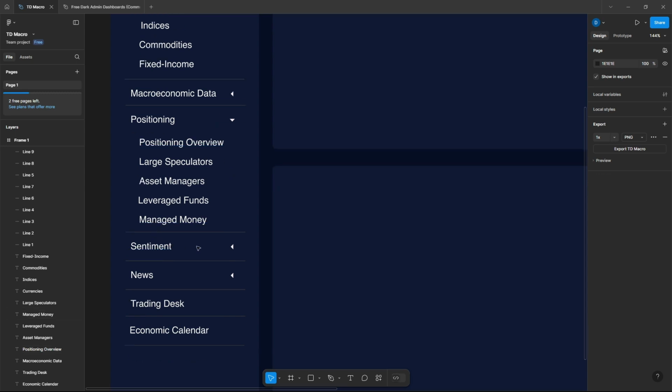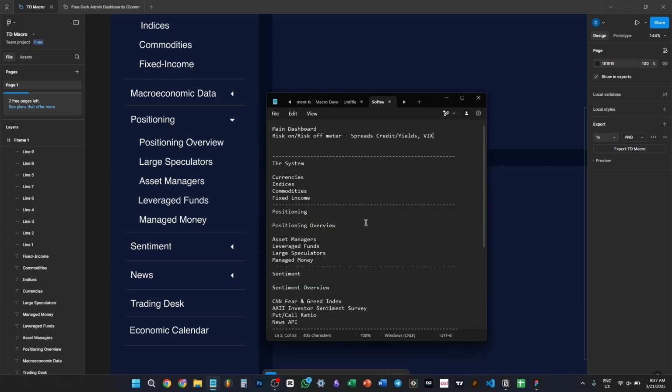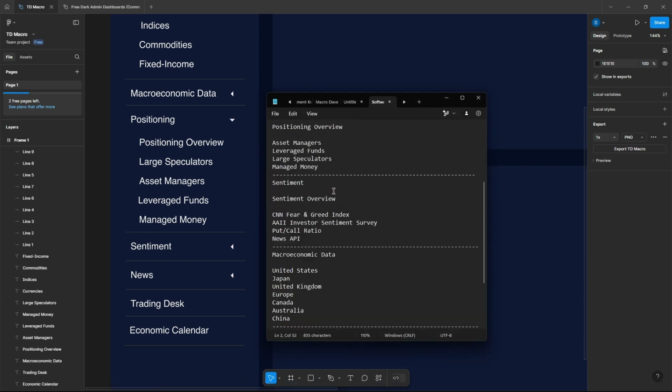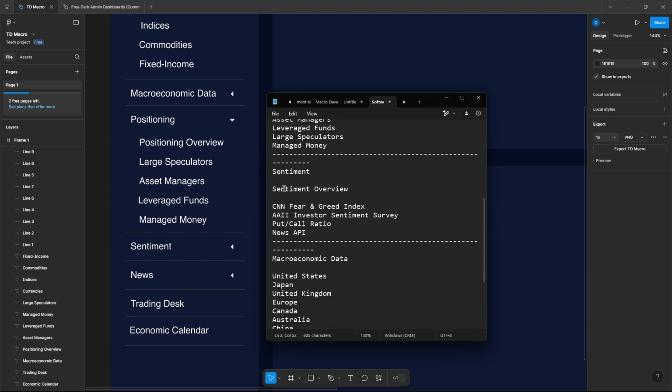And next we have sentiment, which is also very, very important, and something I think a lot of retail traders don't focus on a lot. For my sentiment, if you go to the notes here, and we go to sentiment, similar to positioning, I want to have a sentiment overview. This will give you a basic overview of what's the current sentiment, what's the risk appetite, and so forth.